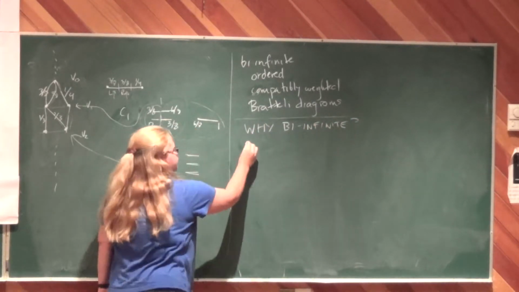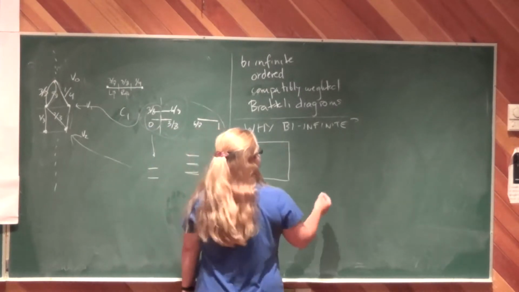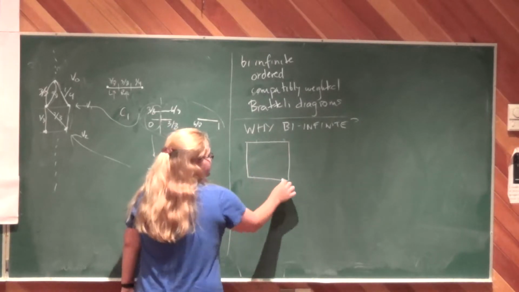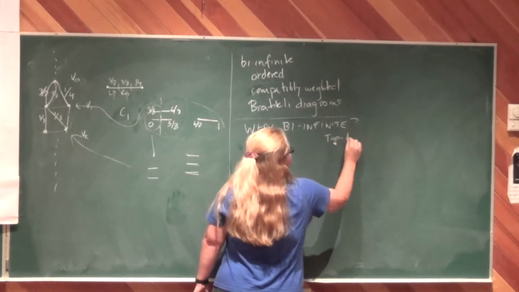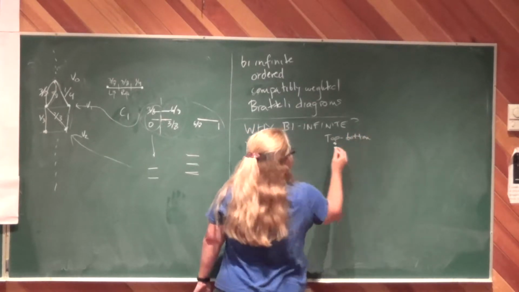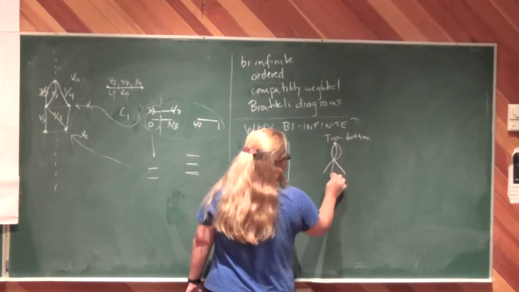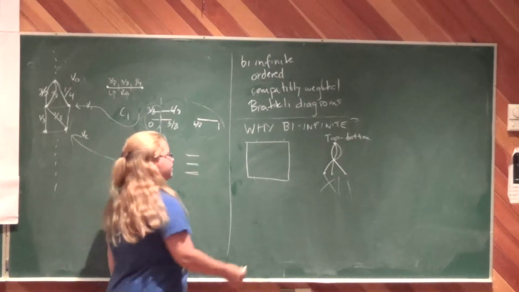Well, imagine you have your square, and there's some Bratteli diagram that gives you the identifications on the top and bottom. So here's my top to bottom diagram. I don't know what it looks like. Maybe it looks like, I'm just drawing something at random really, but it does something. And that gives you the top to bottom.